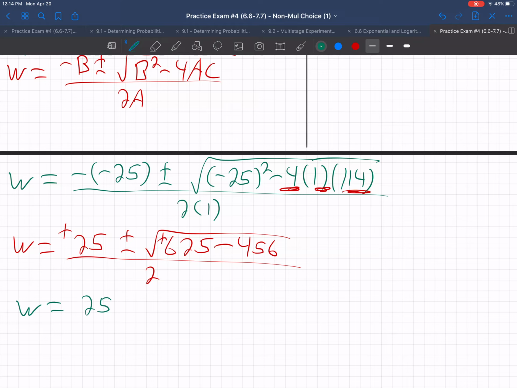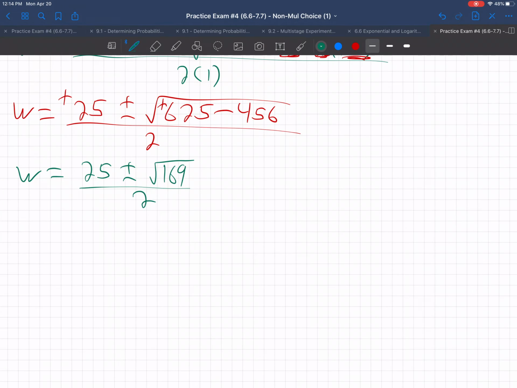And so that's 25 plus or minus the square root of 169, all over 2. So that's 25 plus or minus, and my square root of 169 is 13.